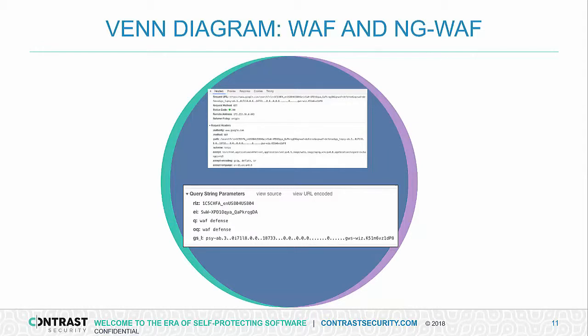So this is the exact same thing that we had before, where we're looking at the query parameters and just the basic headers, or the layer 7 application traffic that goes through. Ultimately, there's not much difference between a WAF and a next generation WAF, especially given that a next generation WAF came out several years ago and is no longer next generation. It's either present generation or a past generation.